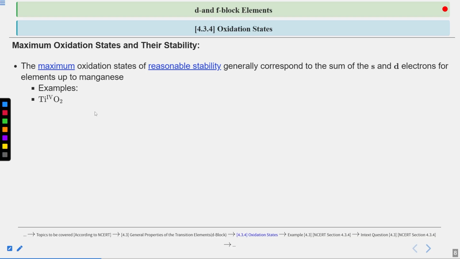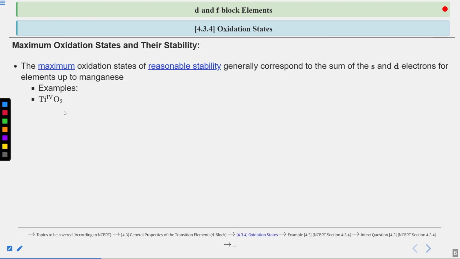Why? Because in titanium +4, it is losing its 4 electrons, 2 from the s orbital and 2 from the d orbital. So it has lost the sum of s and d electrons and attained the +4 oxidation state, which is stable because it has a noble gas configuration.